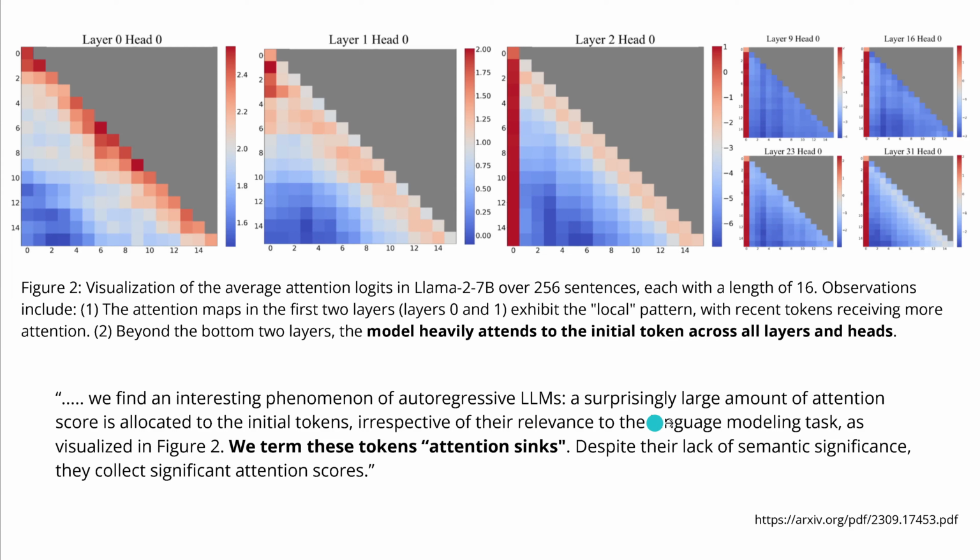Okay, and they say despite the lack of semantic significance of the first token, it collects significant attention scores. So it's not a sink, but it's an attractor, but never mind. So here MIT and Meta proclaim, hey, they find an interesting phenomenon and they have something new, and this something new is the basis of the new model of this research paper.